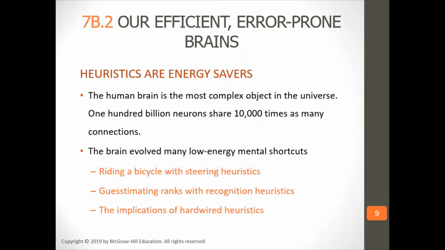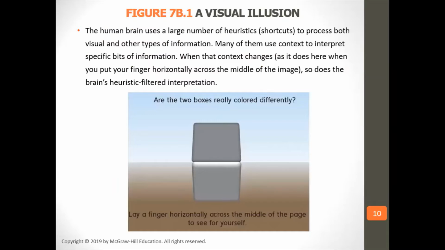So heuristics are energy savers. The brain has many shortcuts. We have so many connections in our brain, and to ride a bike, our brain makes a connection to ride a bike, make estimations. This is something that our brain looks at and processes and determines what the answer is.